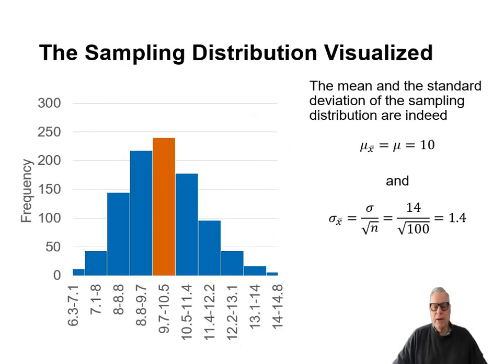So now here you can see the sampling distribution of the mean. So what I did is I calculated 1,000 samples where each sample consisted of 100 randomly selected observations from the population, and then I calculated the mean for each of those 1,000 samples. And then I looked at the histogram of those means, and that histogram is shown here.